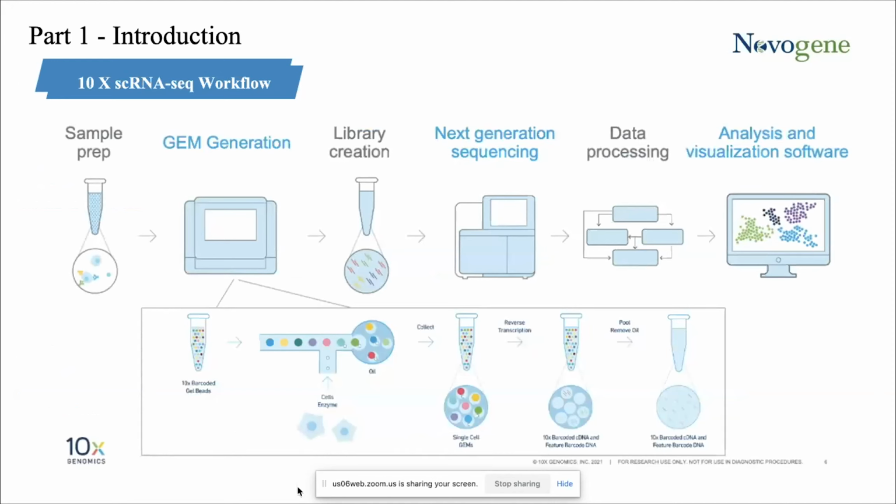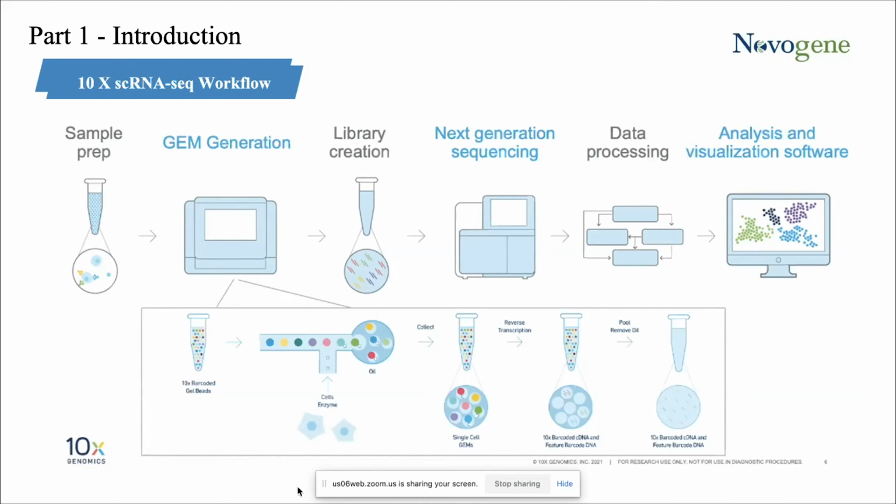To carry out single-cell RNA-seq, we follow the standard protocol during the entire workflow. The top portion of the slide shows the main steps. Briefly, dissociated cells are loaded onto a chromium controller for single-cell partitioning. Then the samples go through library construction, sequencing, data processing, and analysis. The bottom half of the slide shows the main function of the controller.